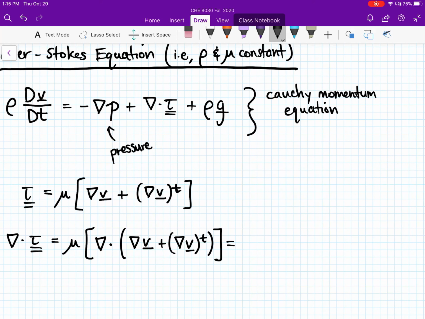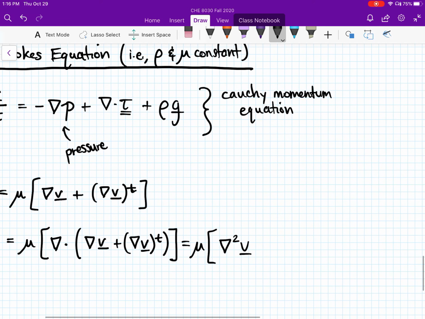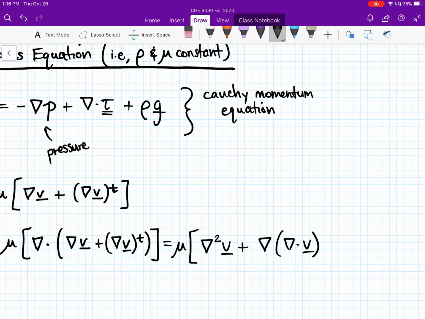Now I can carry out the operation. So I have my shear stress, my shear viscosity. I have the Laplacian of the velocity, divergence of the velocity.